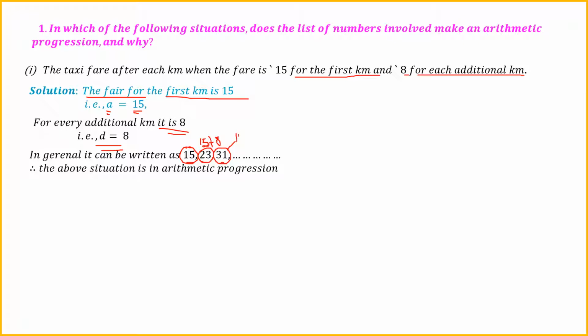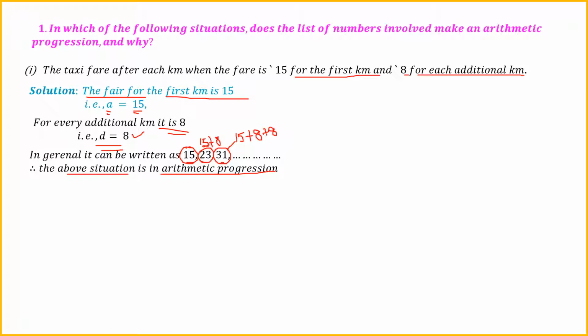For the first kilometer he will pay 15, for the second kilometer he will pay 8 rupees, and for the third kilometer he will be paying another 8 rupees. So the given situation is in arithmetic progression, as the difference is constant between every 2 consecutive kilometers.